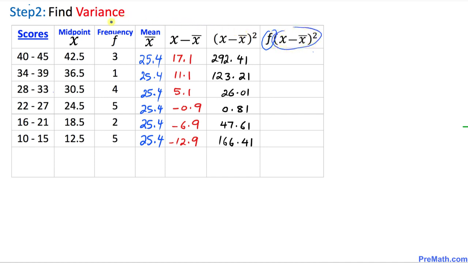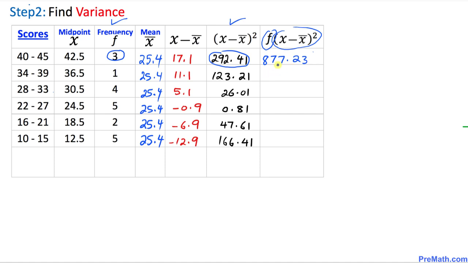And now in the next column, we are going to multiply the frequency f times x minus x bar squared. That means we're going to be multiplying this frequency column and this square column. Okay, let's multiply these numbers. 3 times 292.41, we have to be very careful with these calculations now, is 877.23.